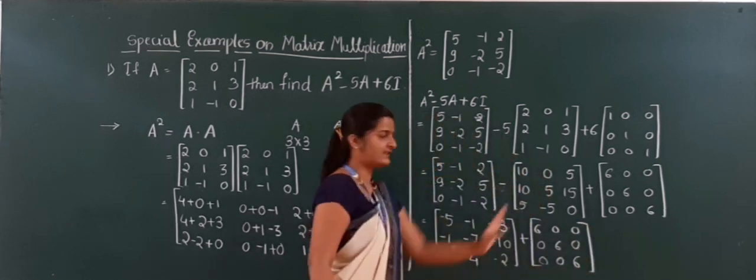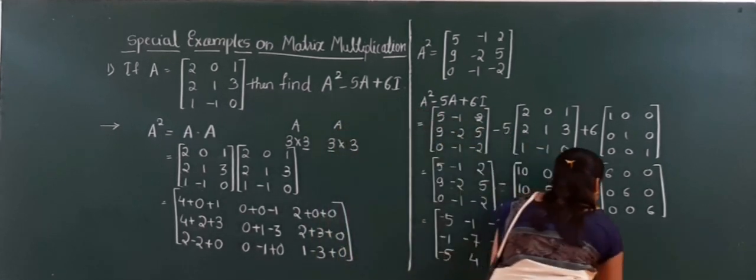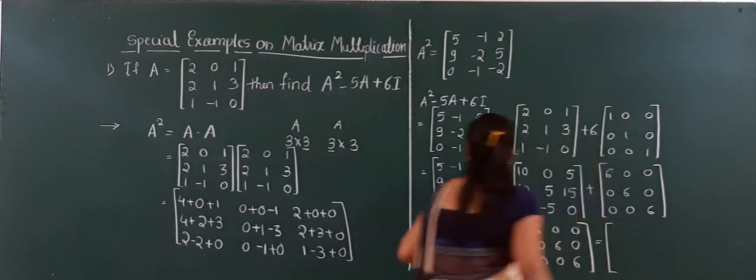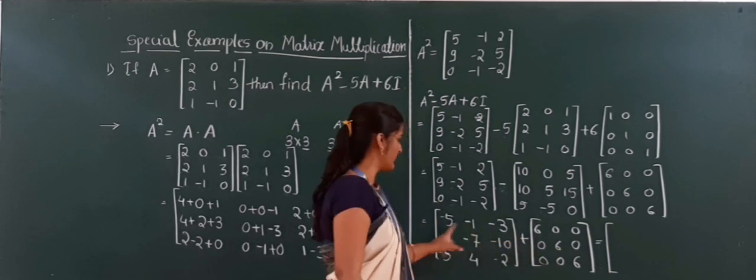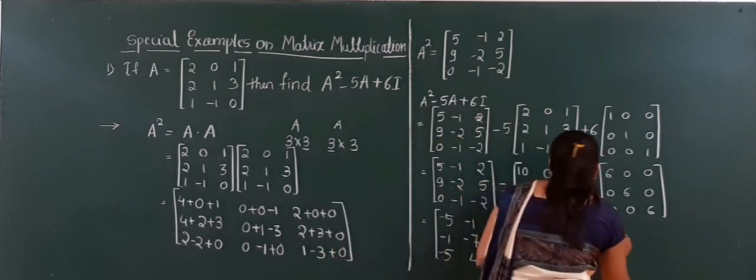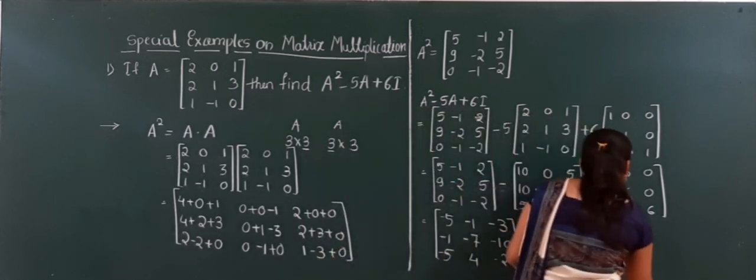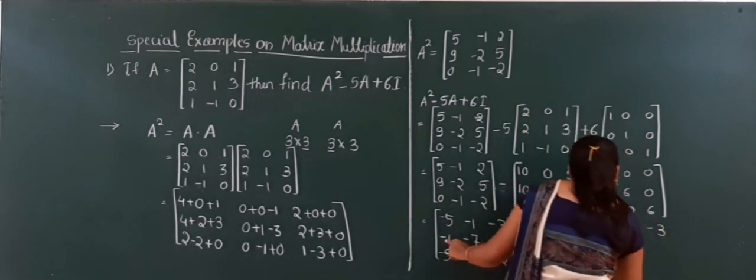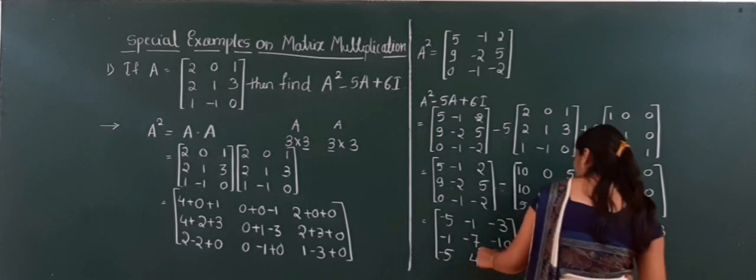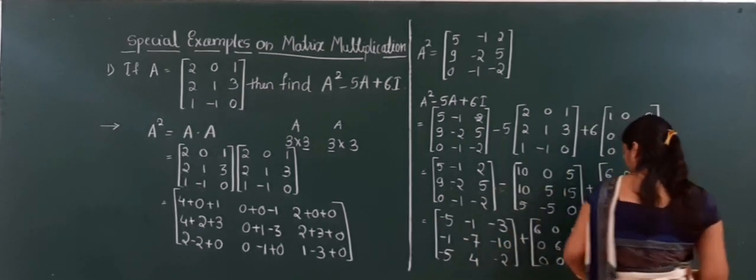So the final answer I will write here. Minus 5 plus 6, what will you get? Minus 5 plus 6, that is 1. Minus 1 plus 0, minus 1 minus 3, minus 1 minus 7 plus 6. What will you get?